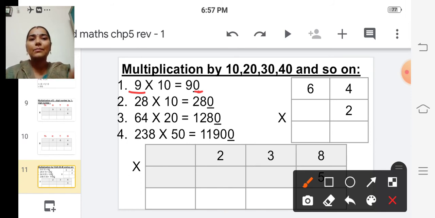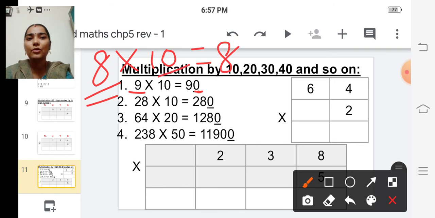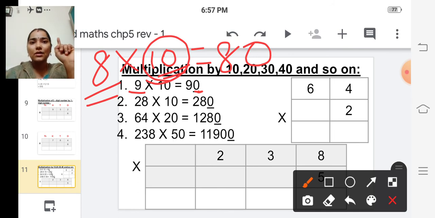Okay, for example, if we multiply 8 into 10, then we can write the number first and we have to put 0. So we have to write the number and we have to write 0 at the end. Okay, children?